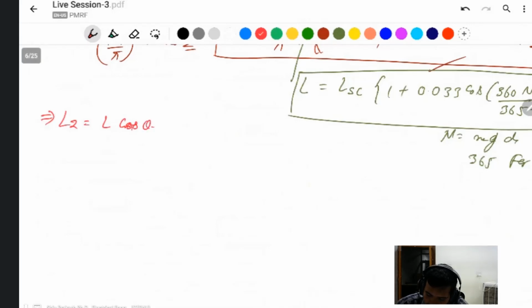L cos theta z, the zenith angle, is equal to L cos del into cos omega into cos phi plus L sin del into sin phi. L will be cancelled out, and we calculate this angle cos omega.